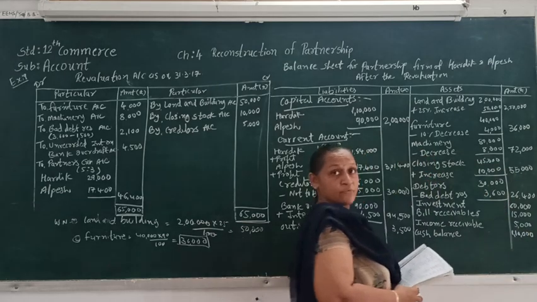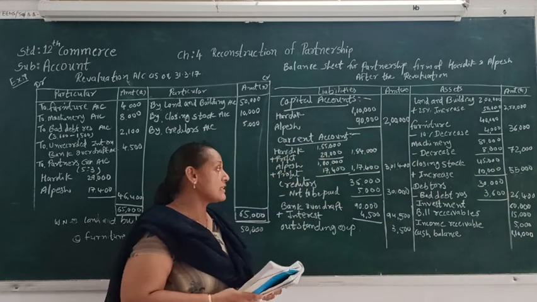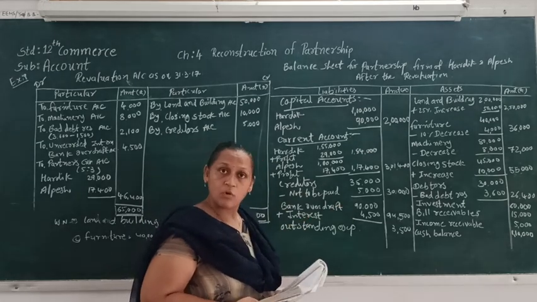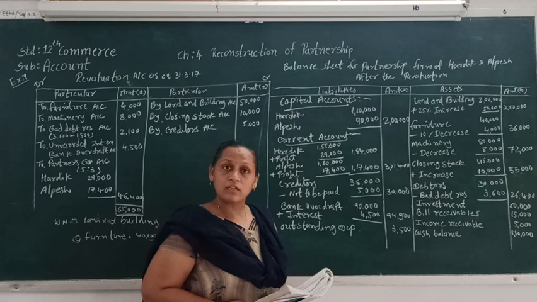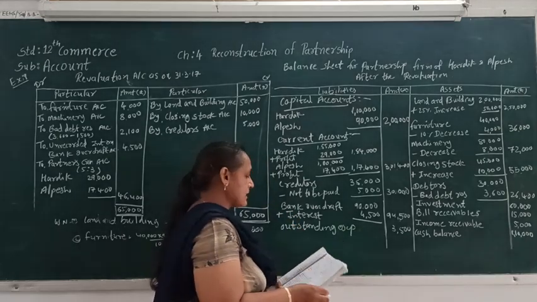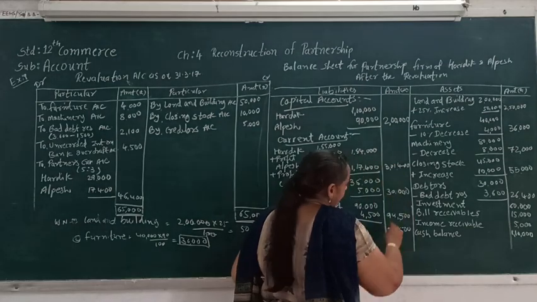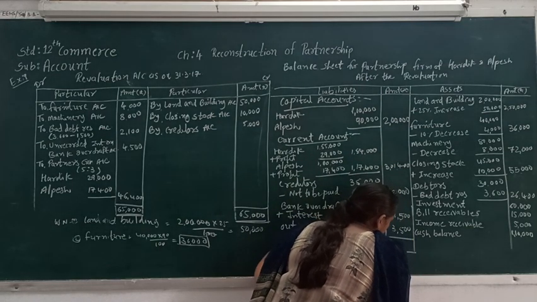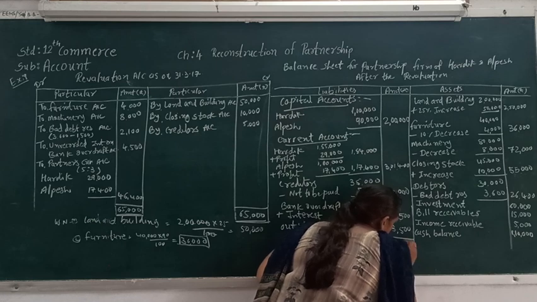So here we can see that our balance sheet is ready. So here we have to make the total of both sides, and both sides total must be equal. And if we count it, we can see that it is 6,29,400.